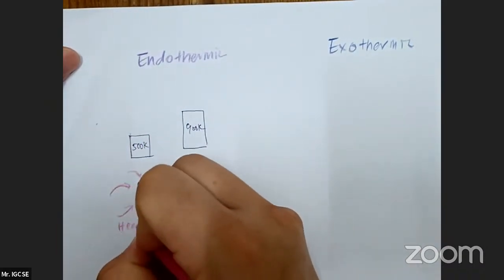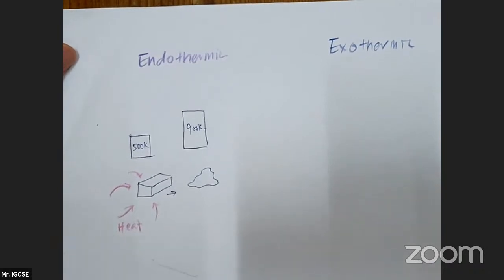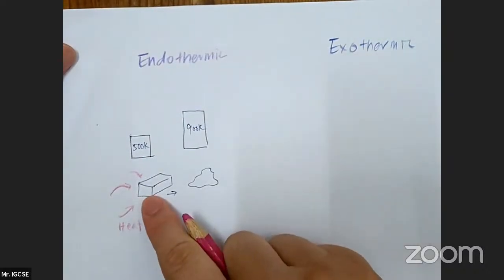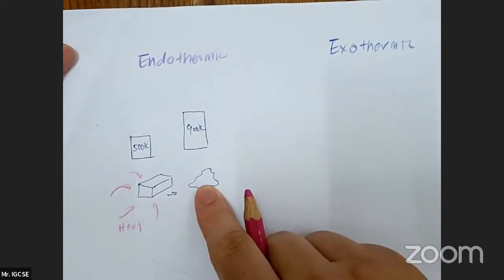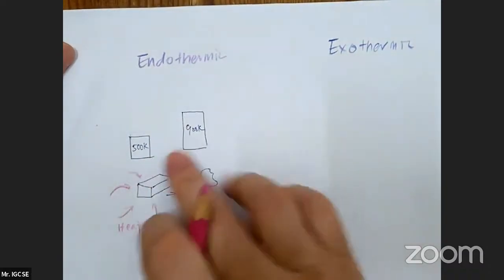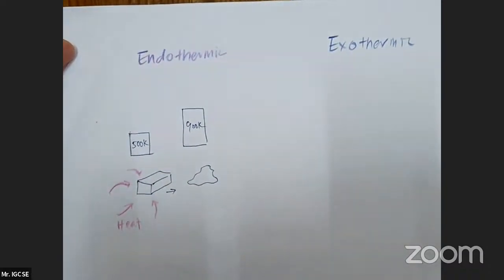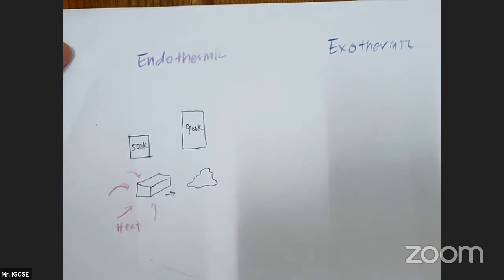So this is endothermic. This one contains only 500 K joule, but this one already 900 K. This is just an example. I'll give you a big number so that you can calculate. This is actually a physical reaction, not a chemical reaction. The purpose of this is just to show you the difference in the energy.